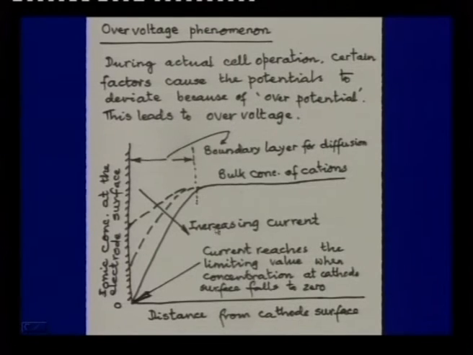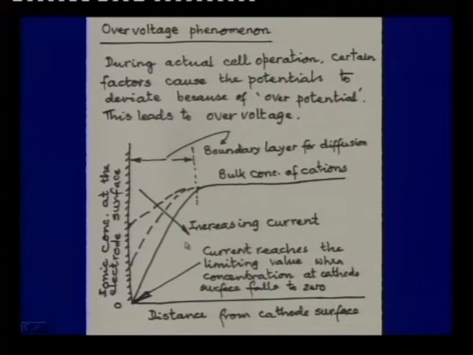and that is to produce purer copper and get some byproducts out. I have talked about this over voltage phenomenon, which changes the voltage at the electrode, either because of a concentration over potential, because when the current flows, the bulk cations are flowing towards the cathode. The flow has to be because of a concentration gradient. This gradient becomes steeper when the current increases, because there is more flow of the cations.